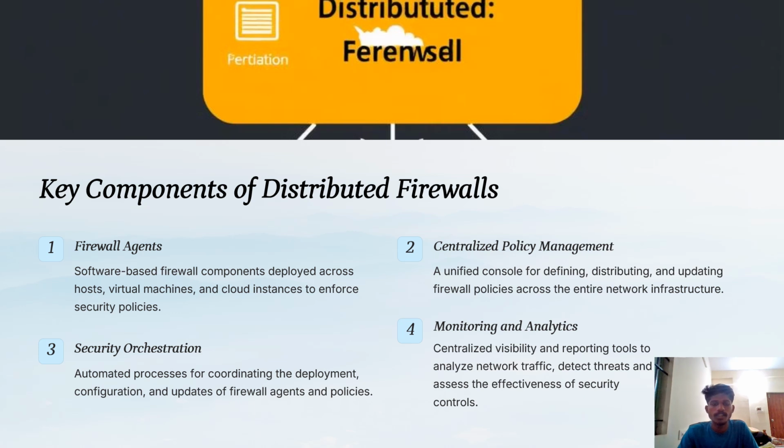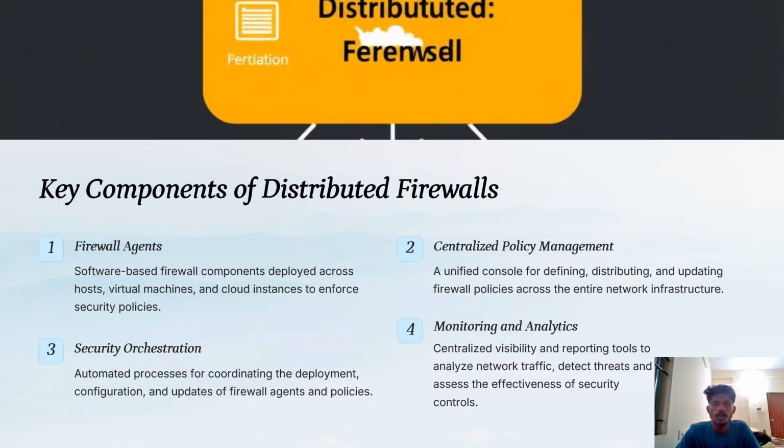Security orchestration: an automated process for coordinating the deployment, configuration, and updates of firewall agents and policies. Monitoring and analytics: centralized visibility and reporting tools analyzing network traffic, detecting threats, and assessing the effectiveness of the security controls. So these were all the key components of distributed firewalls.